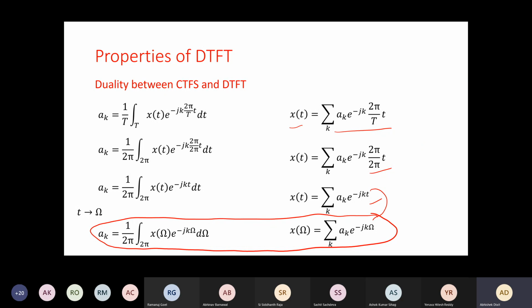So whatever we have studied in CTFS is valid for DTFT, and we have looked at the proofs of all these properties, right? In case of CTFS, so there's no point in repeating the proofs. Okay. And all your insights about CTFS are valid for DTFT also. We have done signals as vectors and so on and so forth. All of this is valid for DTFT.